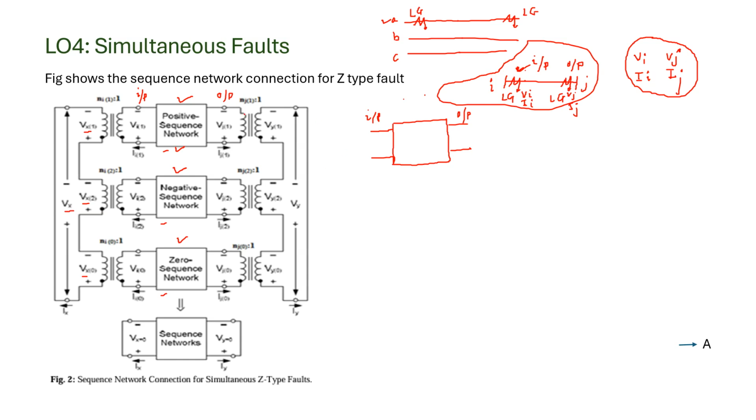Similarly, on the output side, these sequence networks are connected in series, so you have Vy1, Vy2, Vy0. They are the sequence voltages at the fault point, and after adding them, we get the actual voltage at that faulted point. Okay, so this is the concept used here.